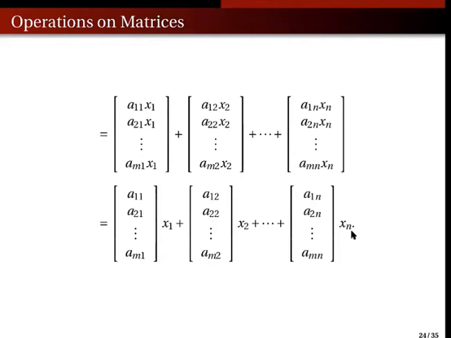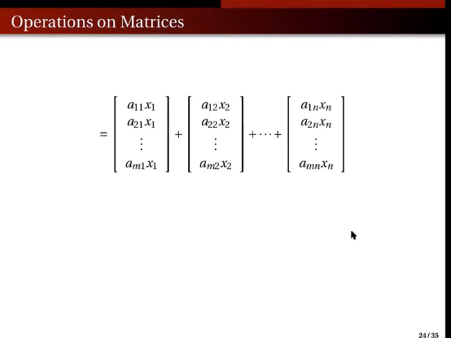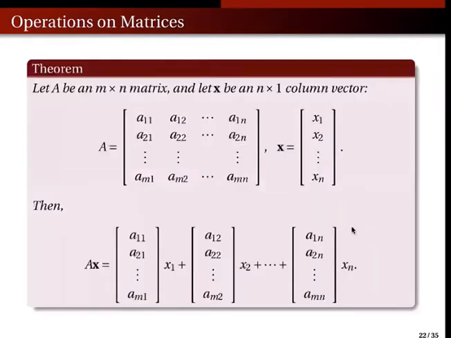So it looks easy in the computation process. Why? Because let us go back to this theorem. You have the matrix A, and you only need to multiply this column with this entry: first column multiplied to the first entry, second column multiplied to the second entry, until the last column multiplied to the last entry.